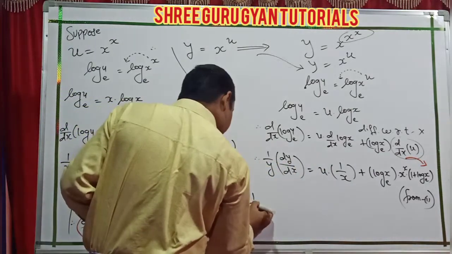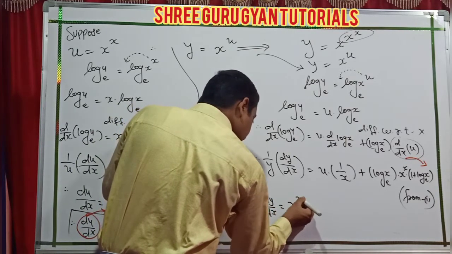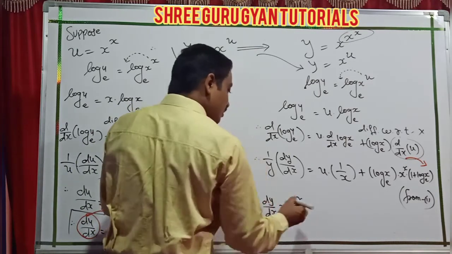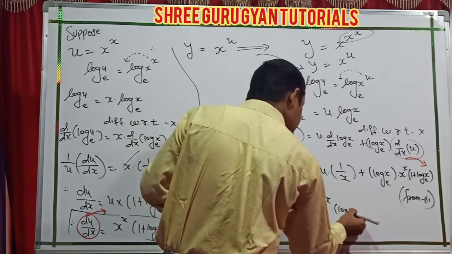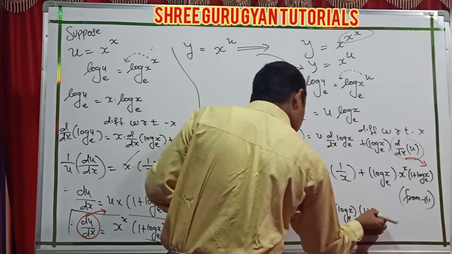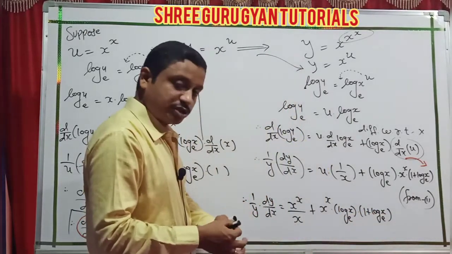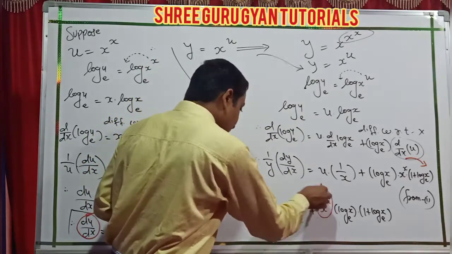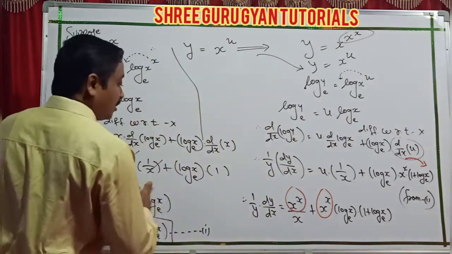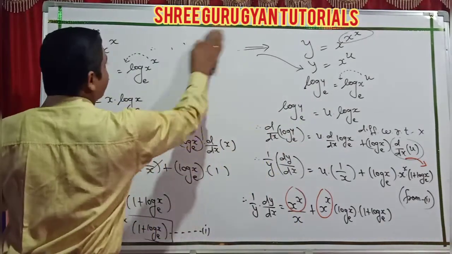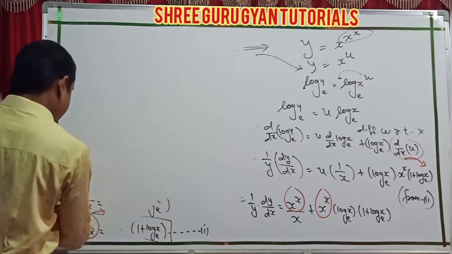So 1 by y dy by dx equals, here x raised to x by x, and here the same x raised to x, log x base e, and 1 plus log x base e is also the same. Students, here just take out the common factor, and carry the y forward to the right side, then you get one more answer.